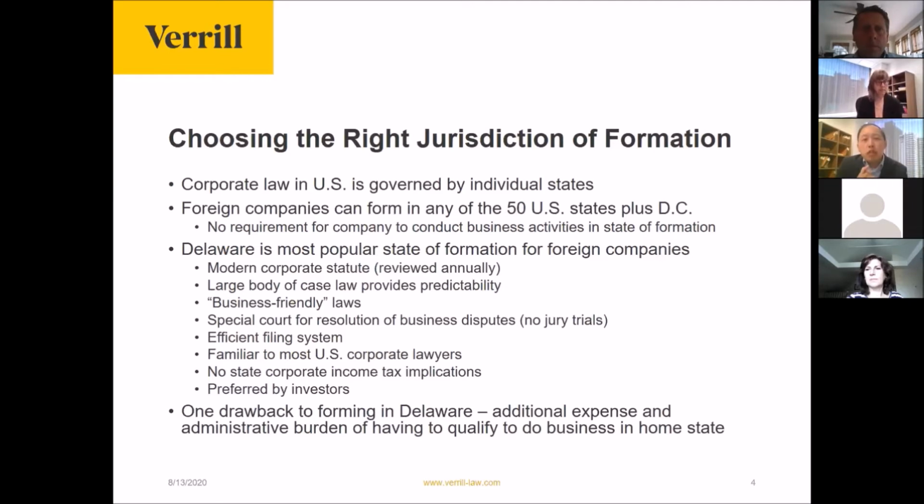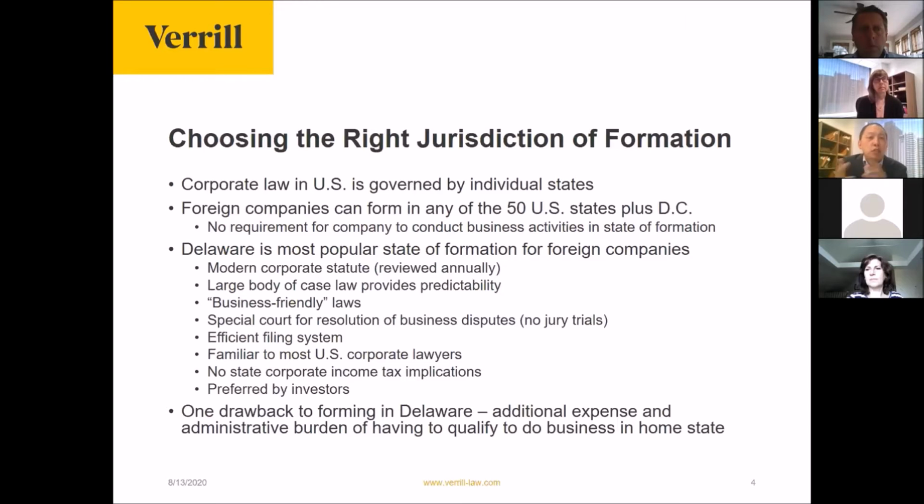But generally, among practitioners, a company will have to qualify to do business in another state if they have an office there, real estate is a significant piece, or other significant sort of contact, if you will. So a U.S. subsidiary will have to qualify to do business in its home state. Qualification typically requires a filing fee, a couple hundred dollars a year, and an annual filing with information about who your officers and directors are.